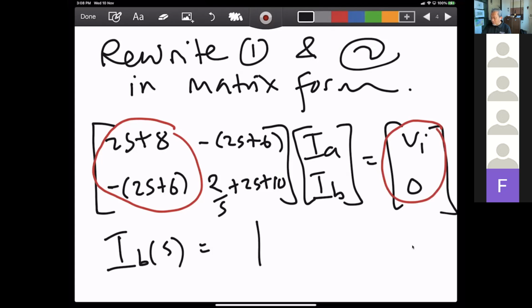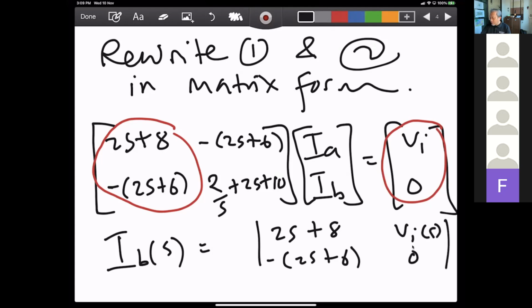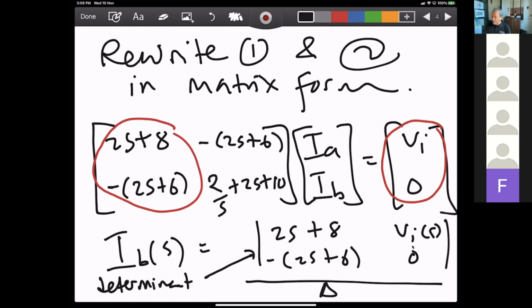So it will be 2s minus 2s plus 6. Okay. What is this? The determinant.